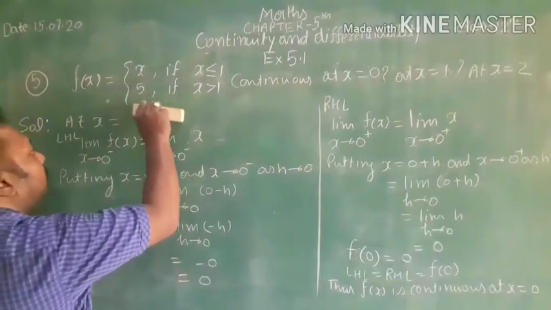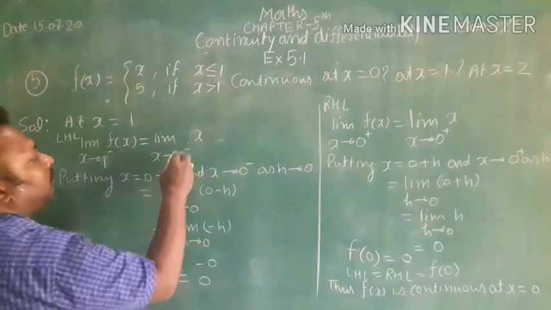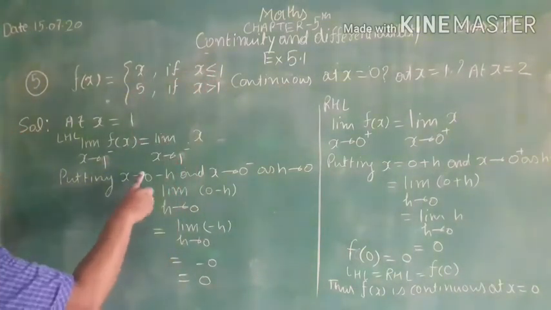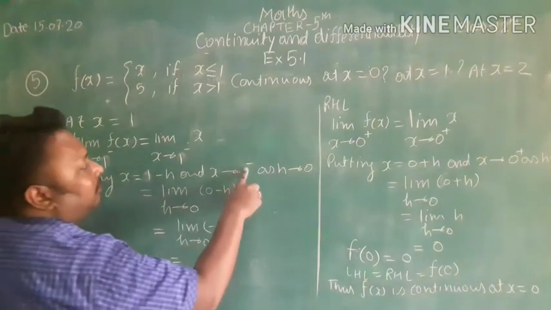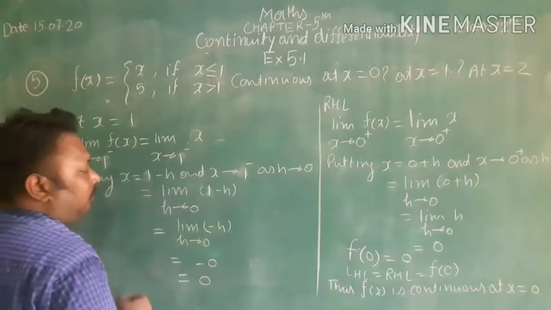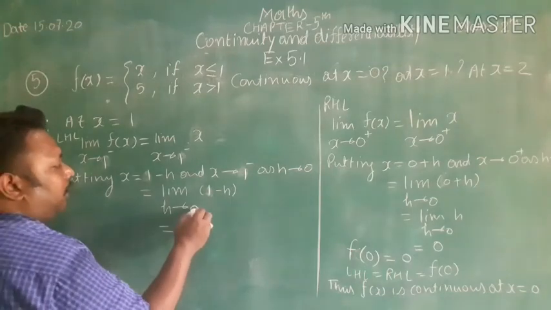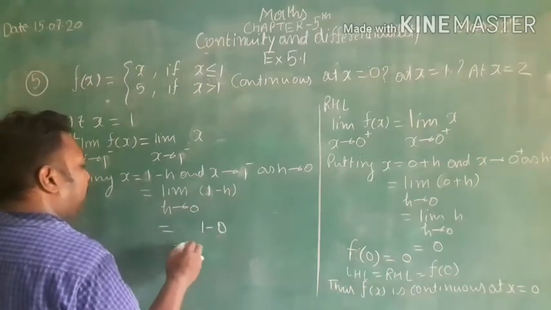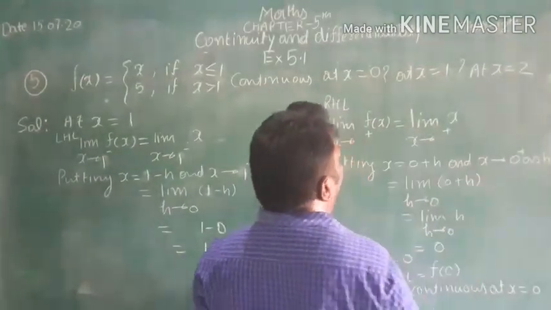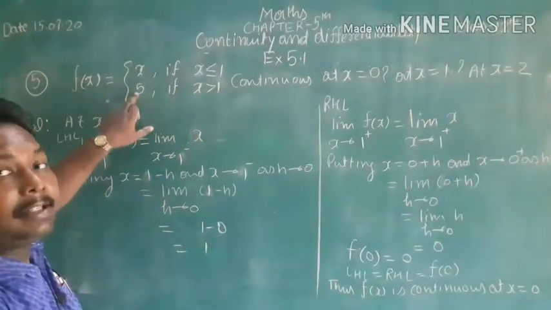In place of 0 you put 1, write down 1 minus. So here we take 1 minus. For less than 1 we take that function. Here we write down 1 - h, 1 minus. After that we put the value. So the value of h is 0, 1 - 0, 1. In right hand side, we write down more than 1. More than 1, the function is 5.